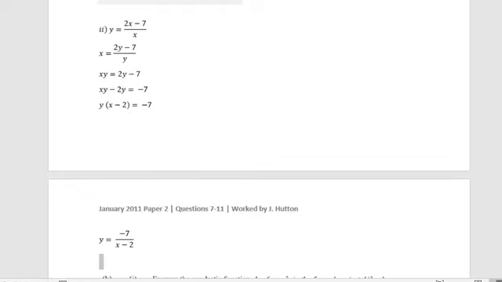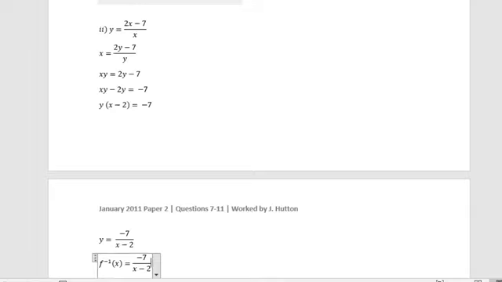Therefore f inverse of x is equal to negative 7 divided by x minus 2, and that is our answer.